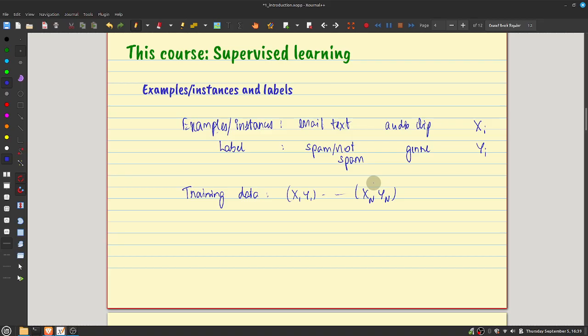Right? So this is what is given to you, and from this training data you have to design an algorithm which will perform well, not just on this training data, that would just be a problem of computation, but the goal is to perform well on some new data that you've never seen before.